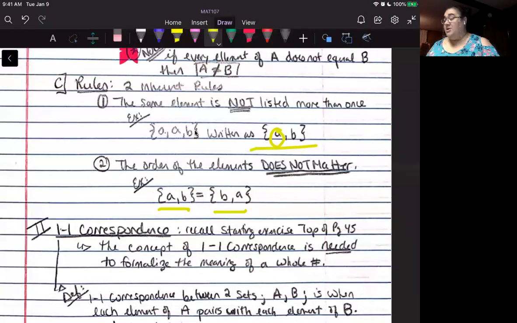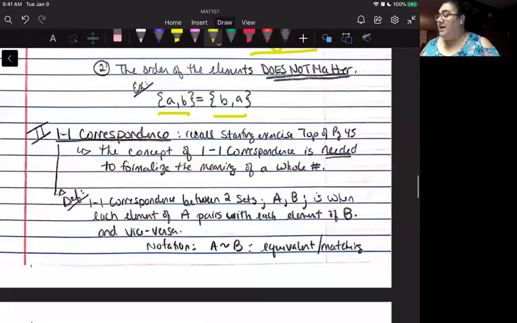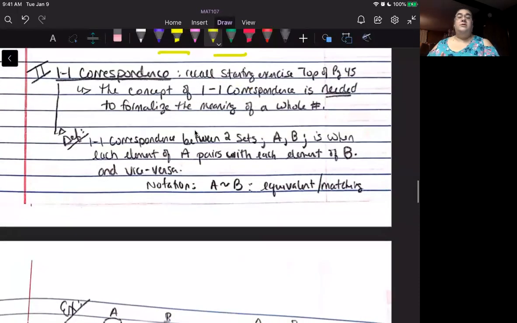Now, just like we talked about in our introduction, let's talk about the concept of one-to-one correspondence, okay? If you remember from our introductory example, we need one-to-one correspondence in order to formalize the meaning of a whole number, okay?